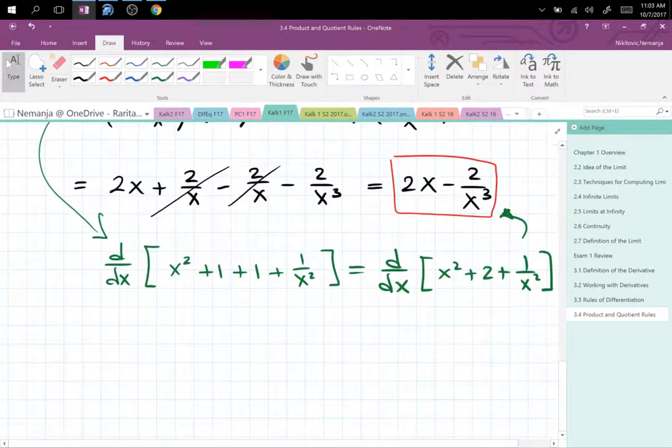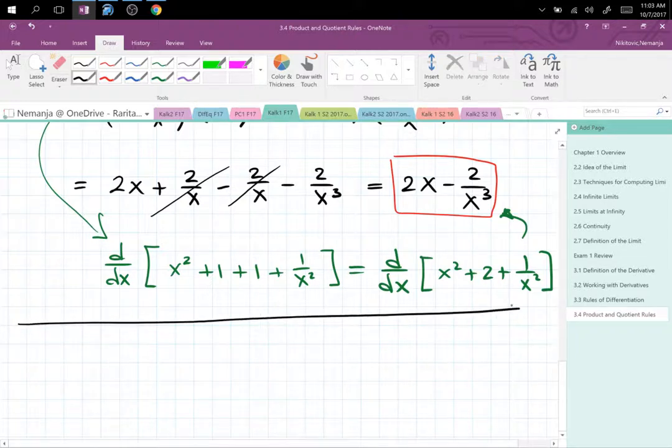One more problem from the textbook, and then the quotient rule, and then we're done for now. Find the derivative with respect to t of 4 e to the t root t.